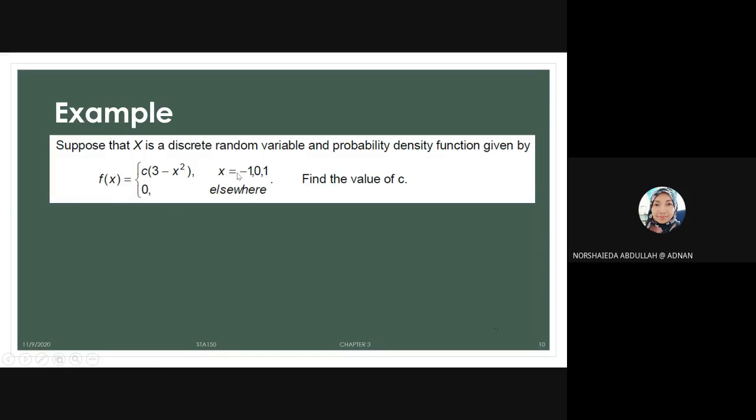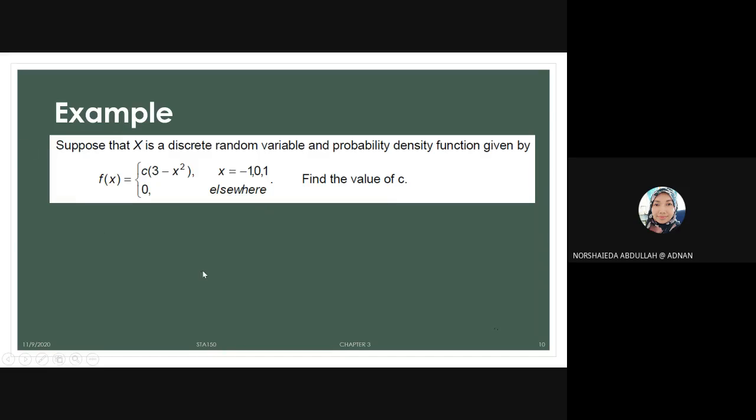The possible values of x are -1, 0 and 1. So there are three possible values of x. Okay. So the possible values of x are only three: -1, 0 and 1. Meaning that for other values of x or elsewhere, the probability is 0. Okay. So we want to find C, find the constant C.